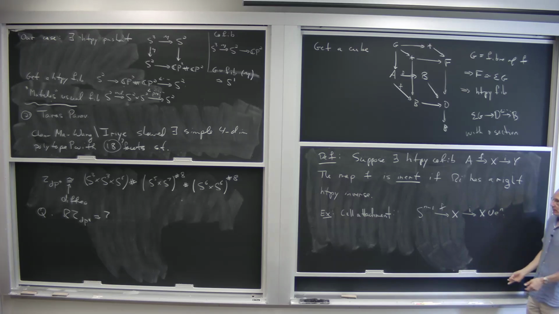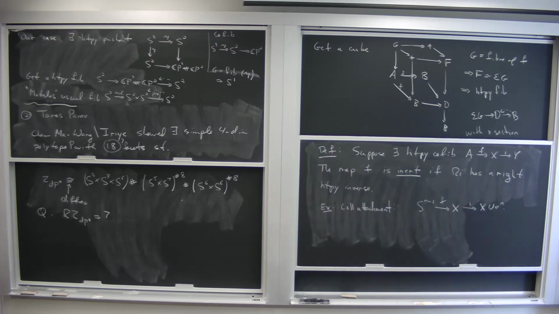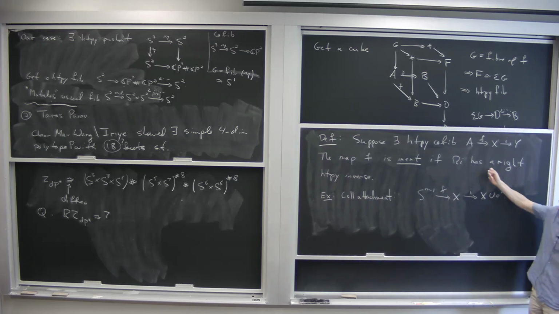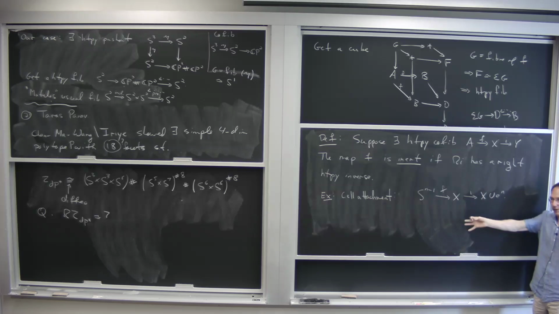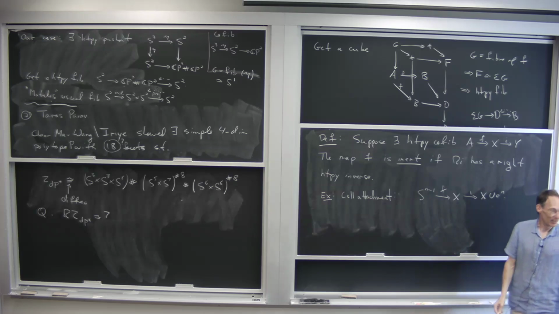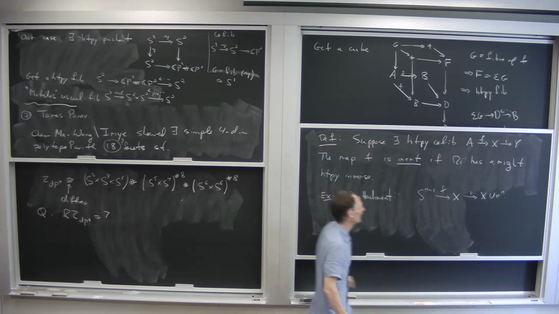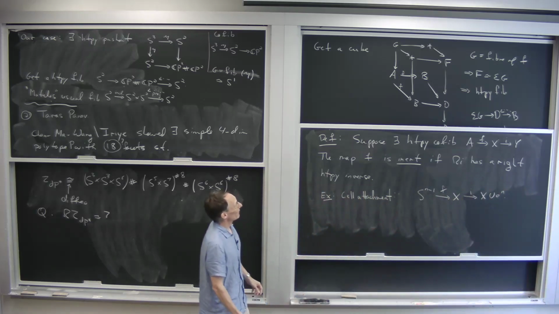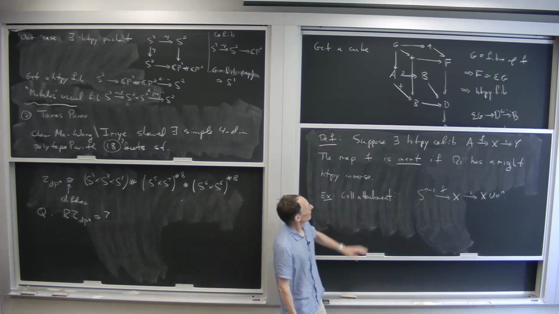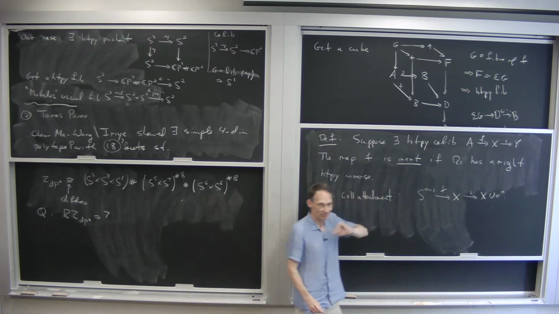And this is where the name inert is coming from. This was studied by rational homotopy theorists in the 90s. There was a cottage industry of people looking at these inert attaching maps, and before that. But I'm not thinking rationally, I'm thinking integrally.